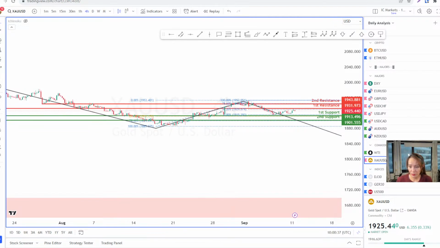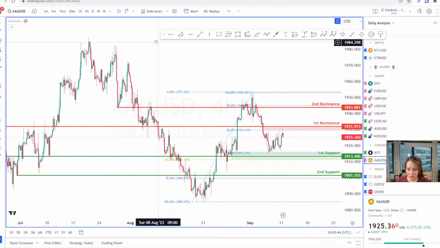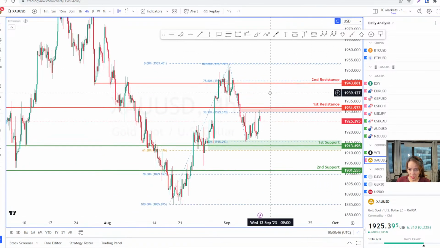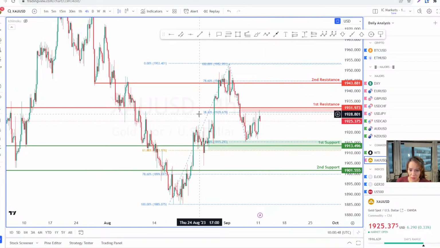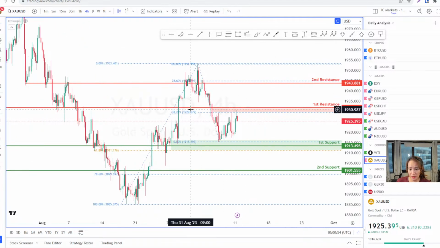We know that price is in a downtrend in the daily time frame. I remove this and draw my support and resistance. This one used to be my support, it broke, and it became my resistance, and then I pull the fib.